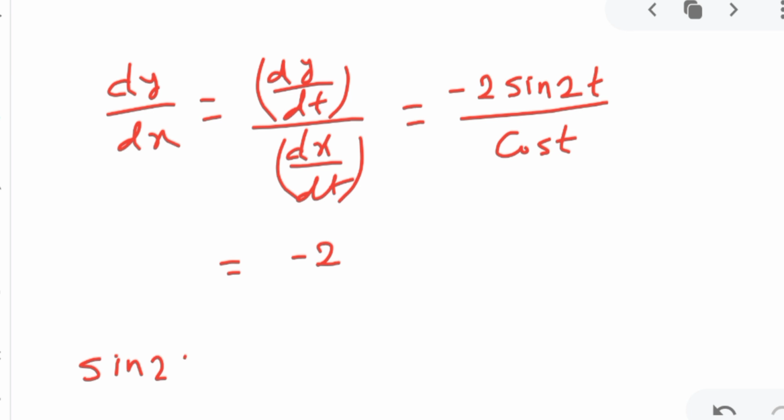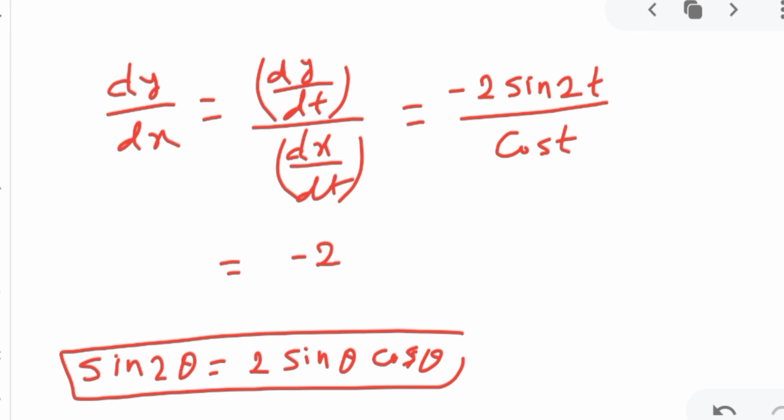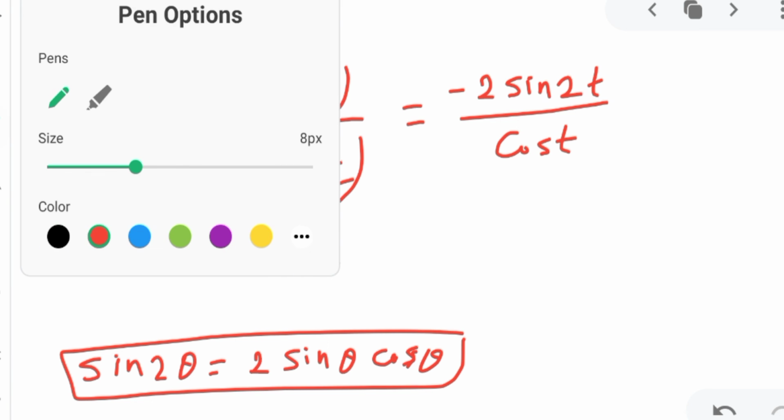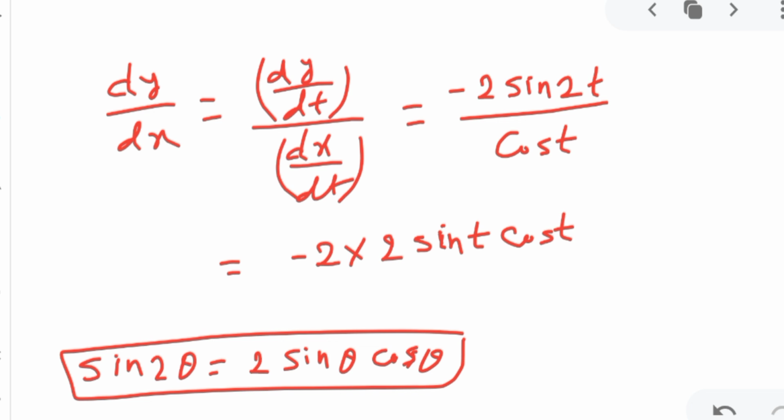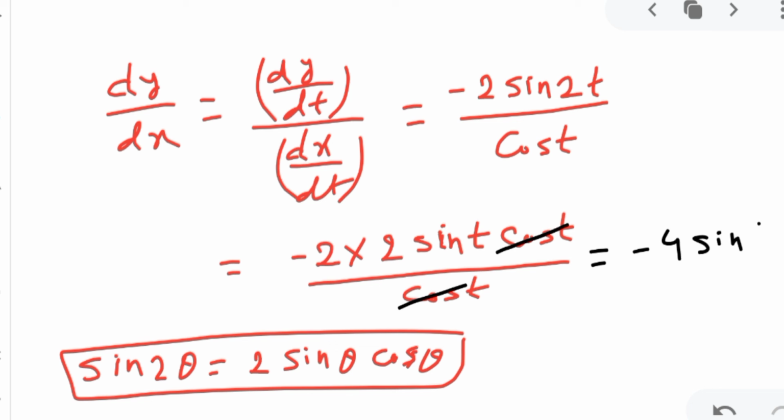Sin 2 theta is equal to 2 sin theta into cos theta. I write sin 2t this way because cos t is there, so there is a chance of cancellation. So sin 2t becomes 2 sin t into cos t divided by cos t. Cos t will cancel, so remaining will be minus 4 sin t. This will be our answer.